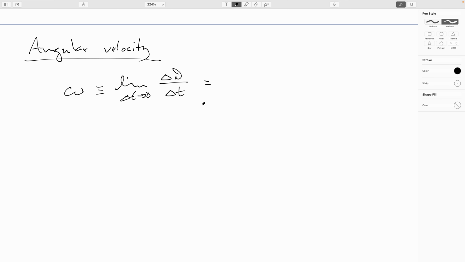And since this is what we mean by a derivative, we could also write this as d theta dt. So the units for this are radians per second. And again, when you're balancing these things out, we just treat the radian like it's the number 1.